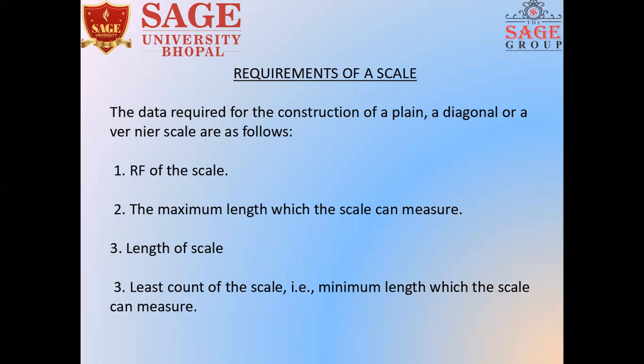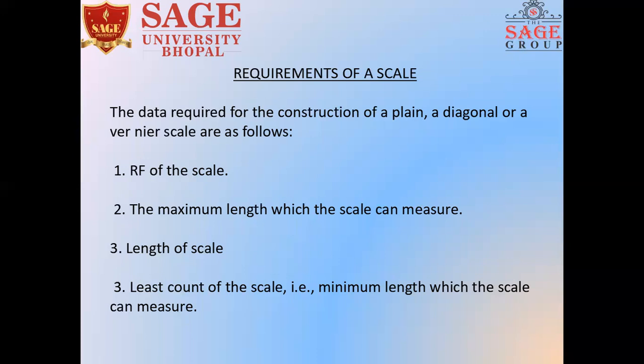Second, we need the maximum length. Third, we need the length of scale. And fourth, very, very important, the least count of the scale, or the minimum length which the scale can measure, or the result which is shown on the scale.